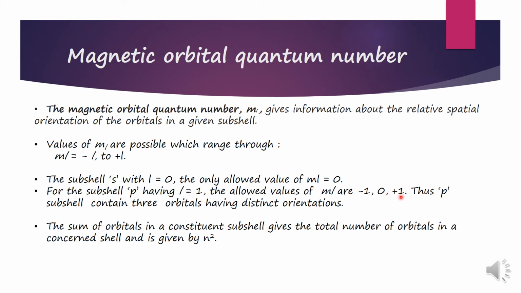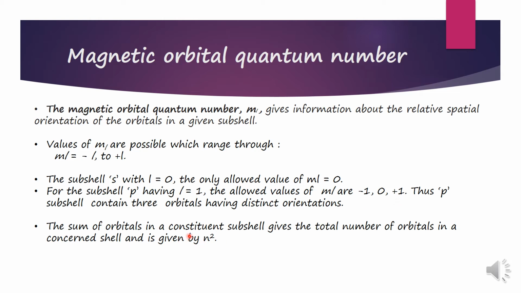Why? Because the p subshell contains 3 orbitals having 3 distinct orientations. The p subshell has 3 p orbitals which are also denoted by px, py and pz. So the ml value of px is minus 1, the ml value of py orbital is 0, and the ml value of pz orbital is plus 1.